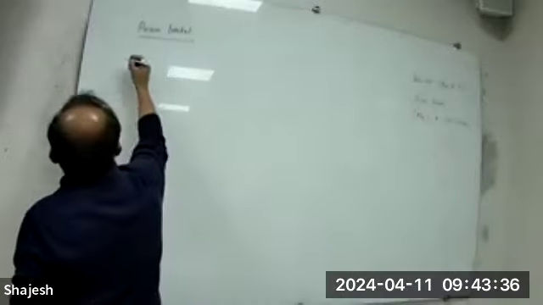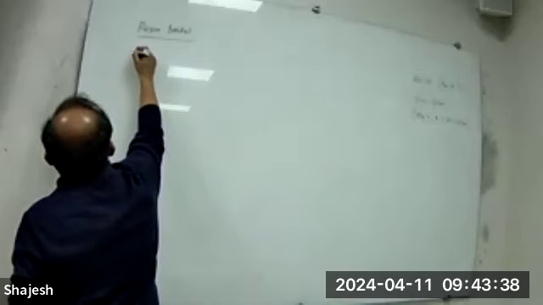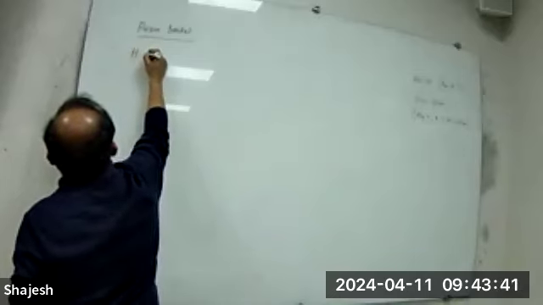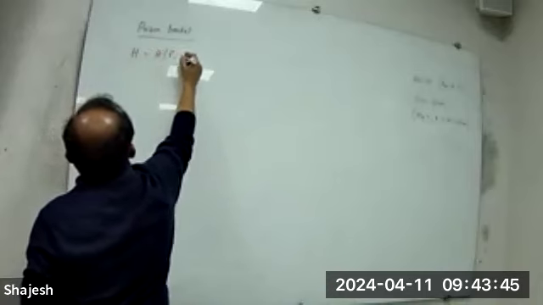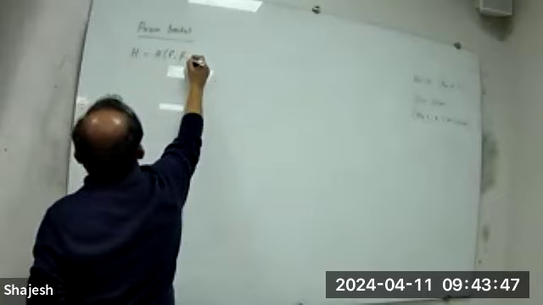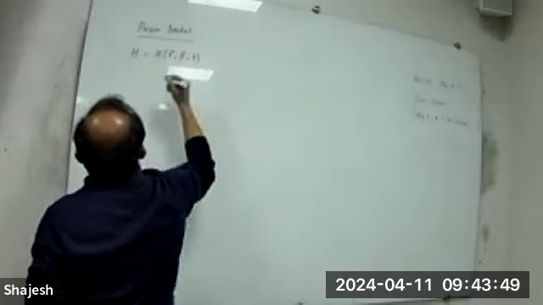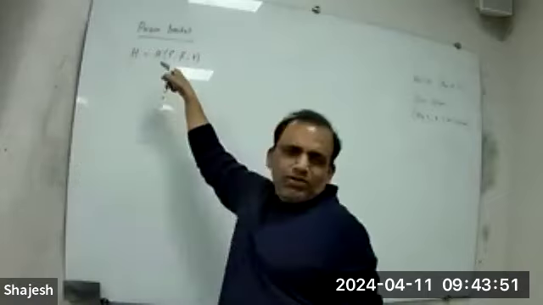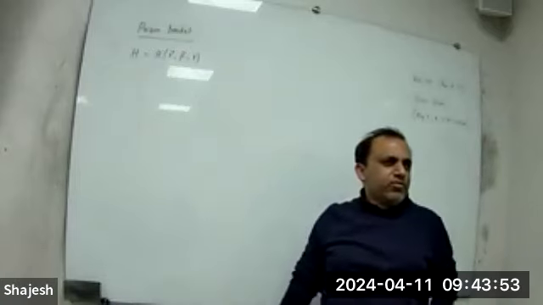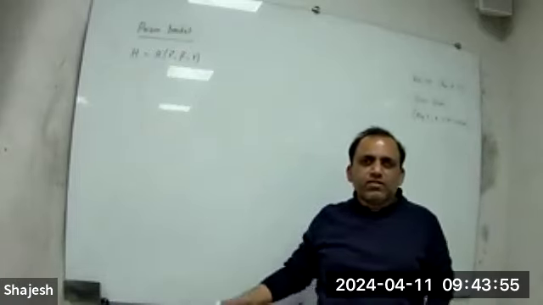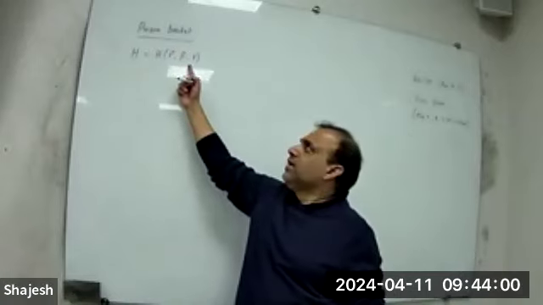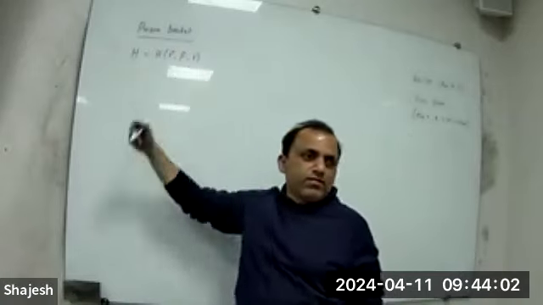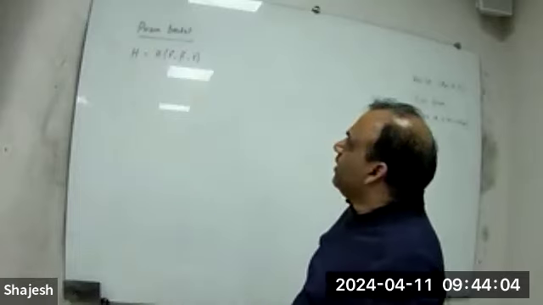Remember, we have introduced, we're talking in terms of the Hamiltonian. The Hamiltonian is a position dependent quantity, it has a momentum, and it has a time dependence. Whatever the time dependence is there in the position, we say it is implicit, and t is the explicit time dependence that is there in the Hamiltonian.